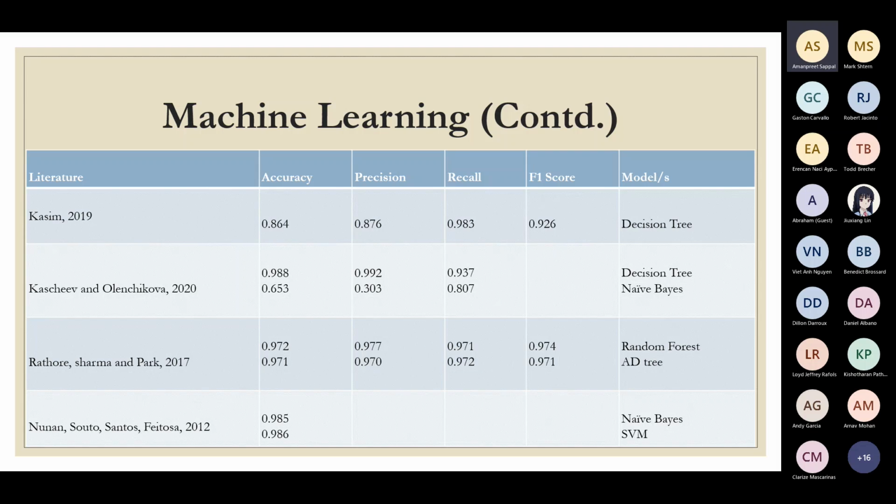Additionally, we learned that combining different types of features produces better results. Therefore, we have decided to combine all major types of features that are URL-based, HTML, JavaScript, and DOM objects for our experiment. Next, Atender will continue with the project diagram flow and the research methodology.